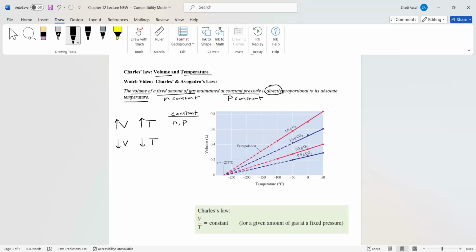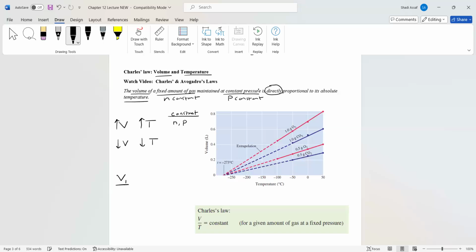This is a graph about the temperature and volume. Notice that as the temperature increases, the volume increases as well. So if you have CO2 and O2, notice that as you increase the temperature, the volume also increases. The law is V over T equals a constant, and we actually like to put it this way.